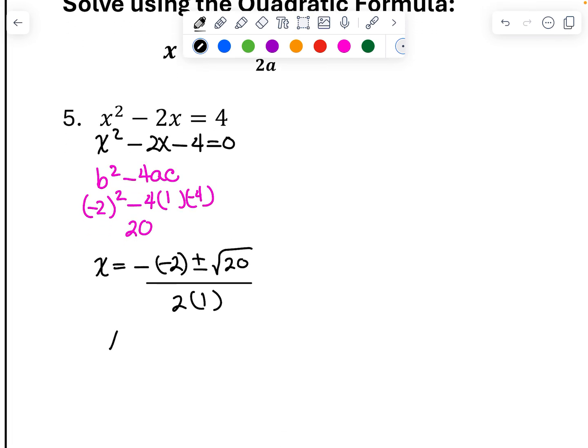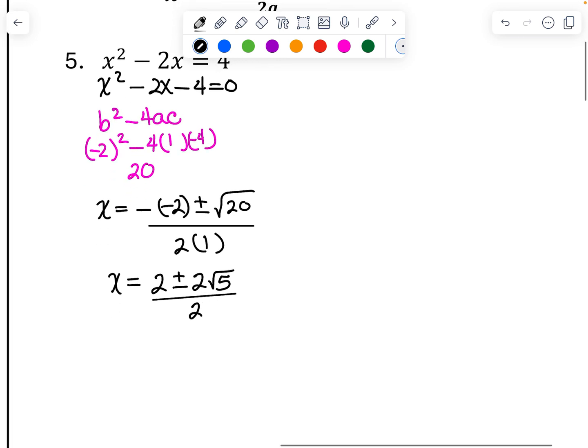So then I simplify it. The opposite of -2 is 2. The square root of 20 is 2 radical 5, divided by 2. And now all three terms have the number 2 in common. So we're going to factor out a 2, and the answer is 1 plus and minus the square root of 5.